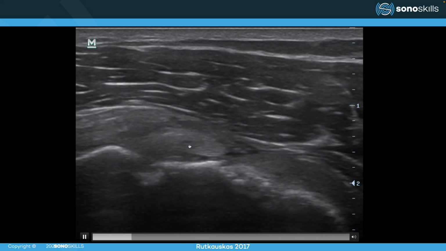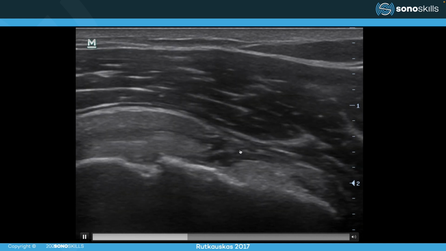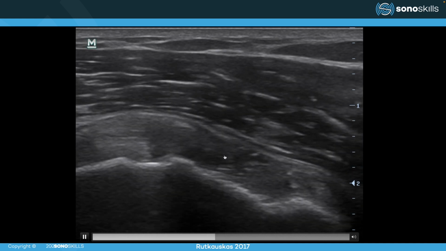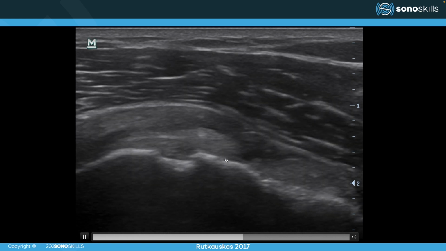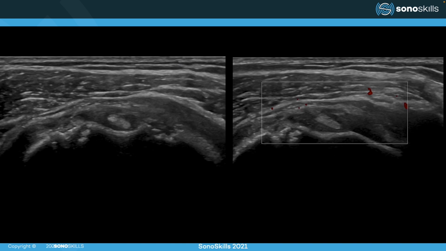Here we can see the coracohumeral ligament in the rotator interval, and if you look closely, you can see a tear right there. And please also observe the cortical irregularity right here. So if you see these cortical irregularities, then this is definitely a sign of an instability of the biceps.